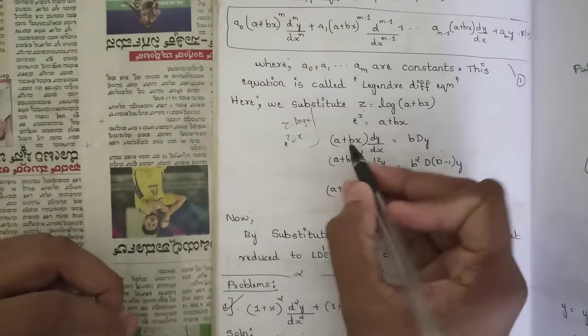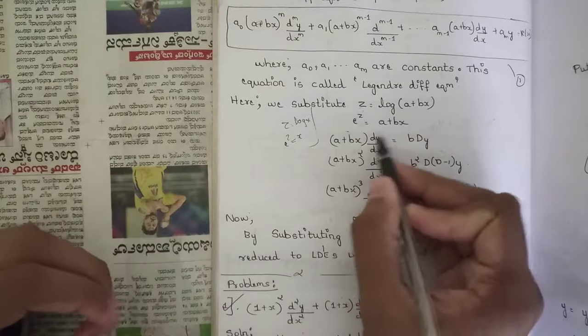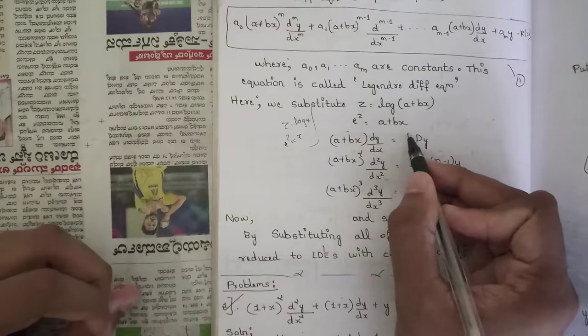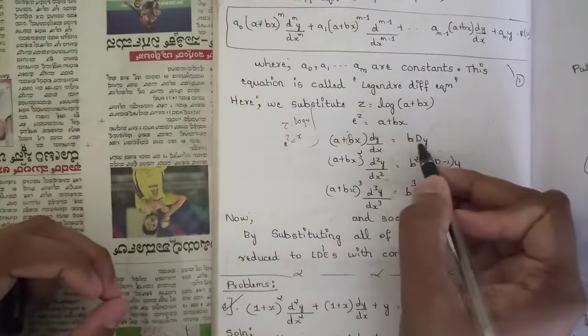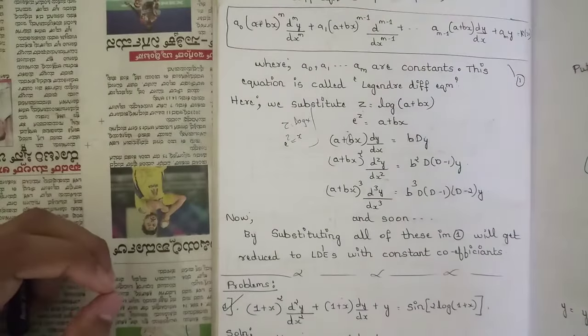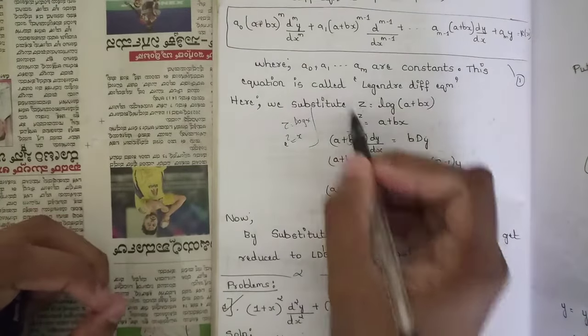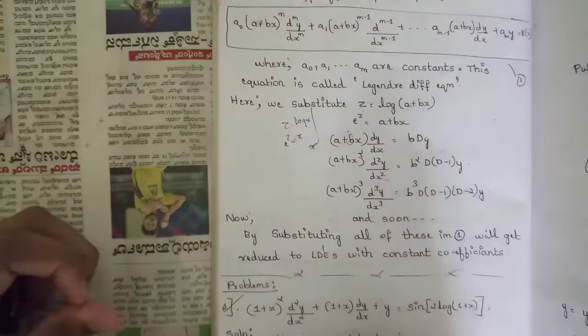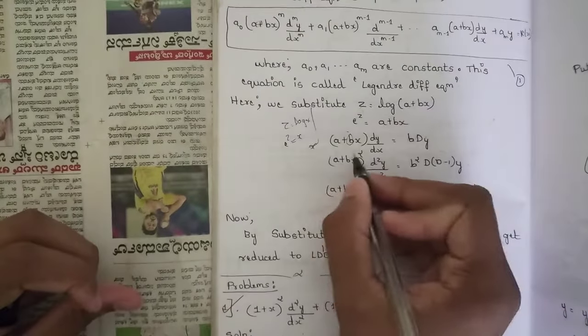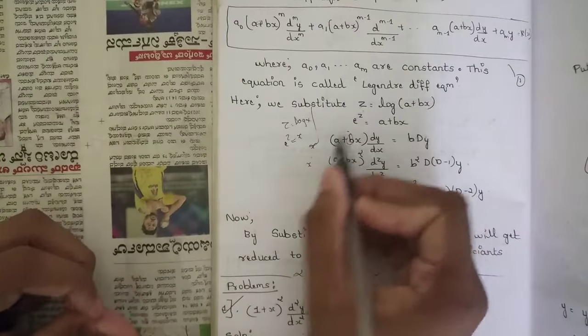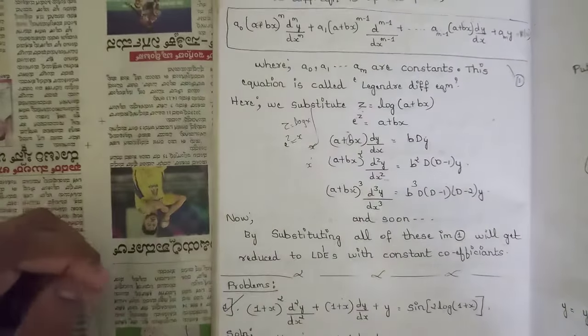Also we can substitute a plus bx into dy by dx as small b, which corresponds to this term, into dy. In Cauchy's, in place of a plus bx we had x. Wherever a plus bx is there, in Cauchy's we had it as x.